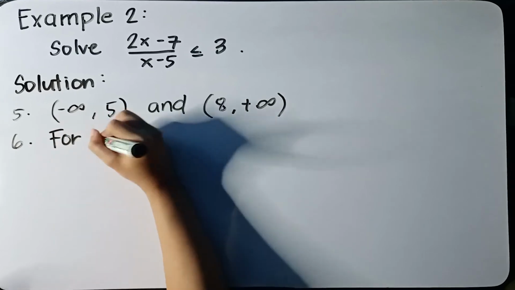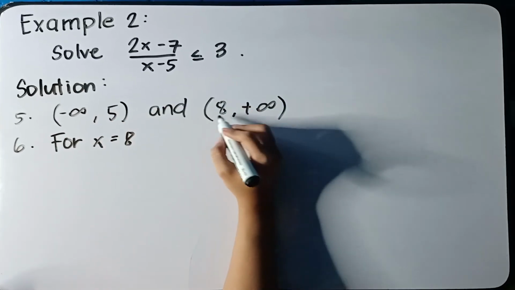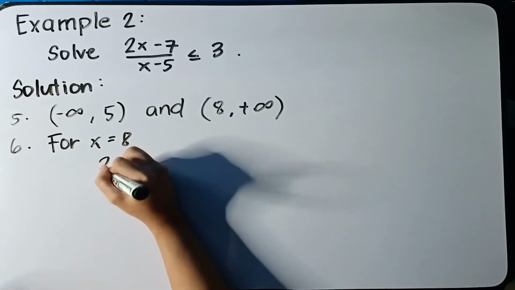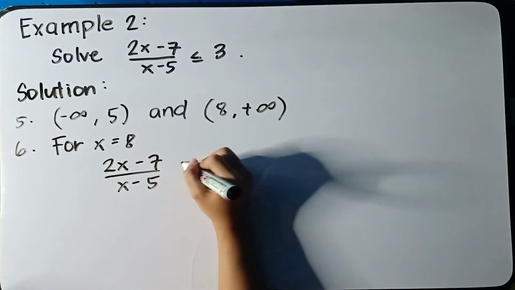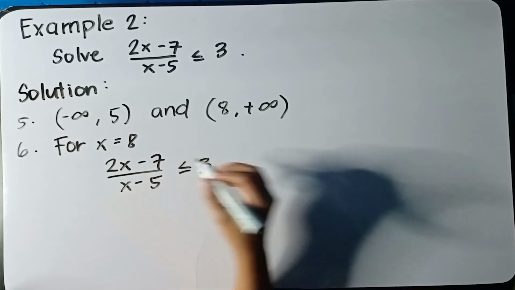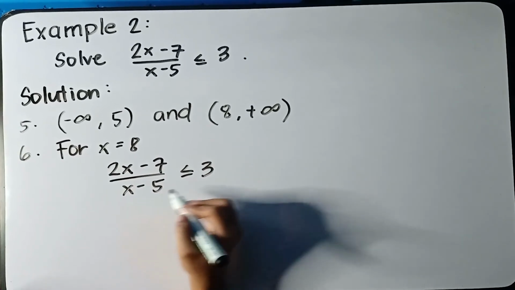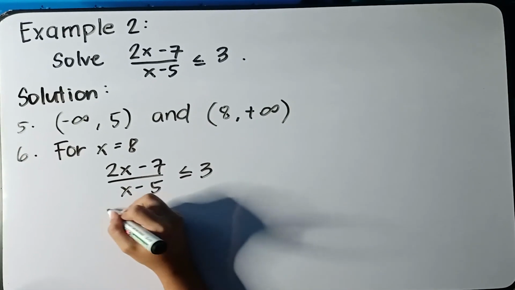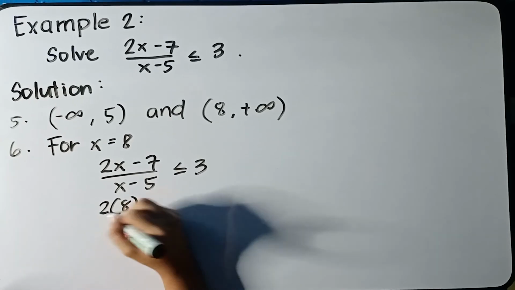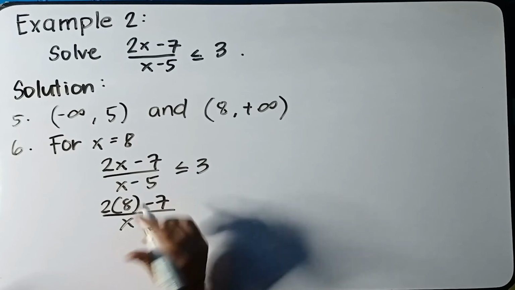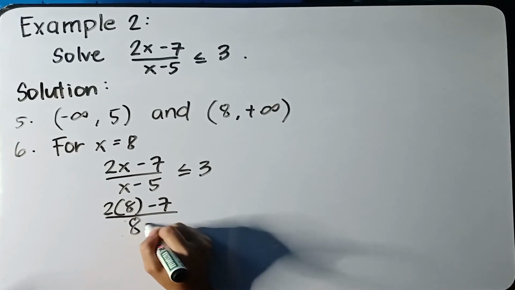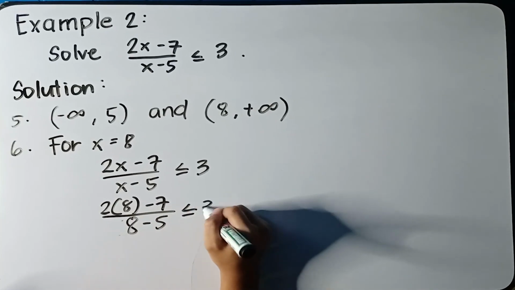For x is equal to 8, which is the other critical point, let us substitute to our inequality. So we have (2x minus 7) over (x minus 5) less than or equal to 3. So we have 2 times 8 minus 7, all over 8 minus 5, less than or equal to 3.